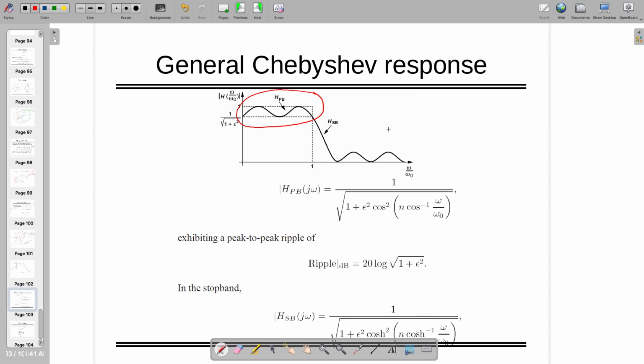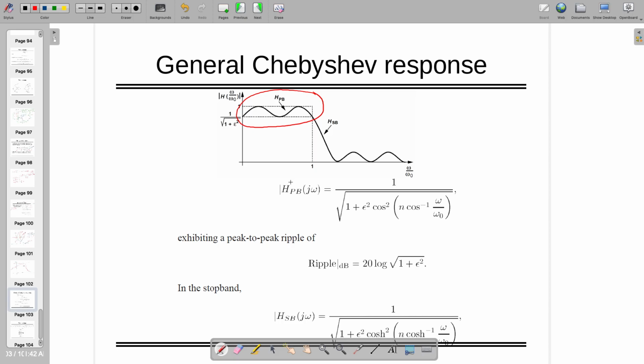This response has been drawn in a generalized way, that's why ripples are shown in both the cases. Otherwise, with the approximation given, in the stop band you should see a monotonic output only, you cannot have ripples. However, in the case of an elliptic or Bessel filter, you can see such kind of things, right?